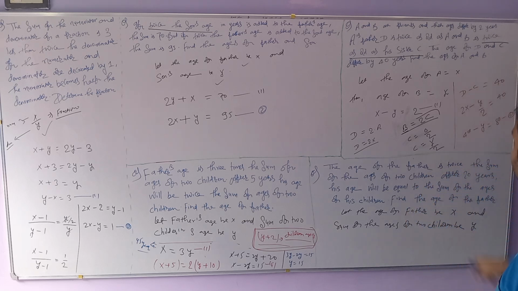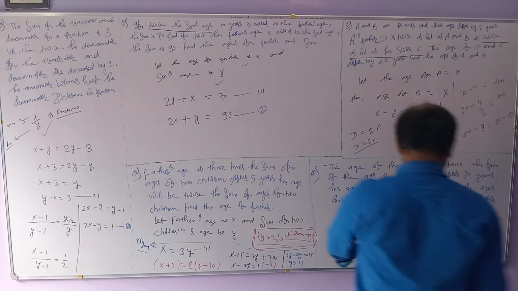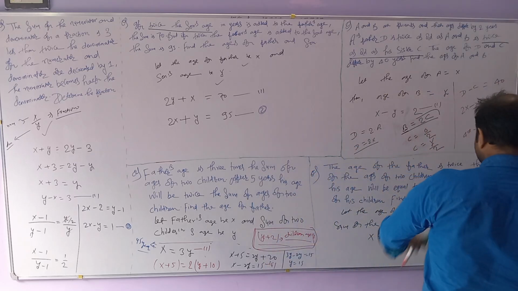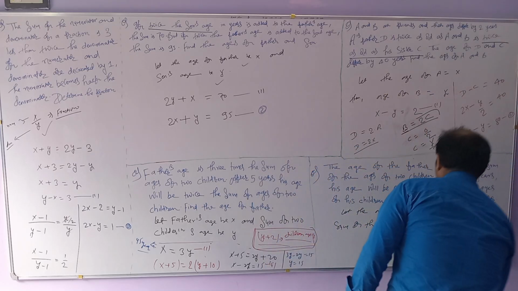Now the age of father is x, so x equals 2y.